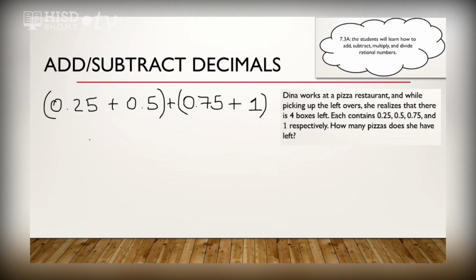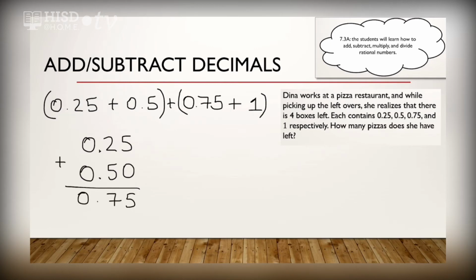Well, if I'm gonna add 0.25 plus 0.5, I have to make sure that I add on this empty space a 0, so both decimals are in the hundredths. Remember that decimal places when we are adding have to be one on top of each other. So I can just tackle it like normal addition, and I have my answer for the left group.